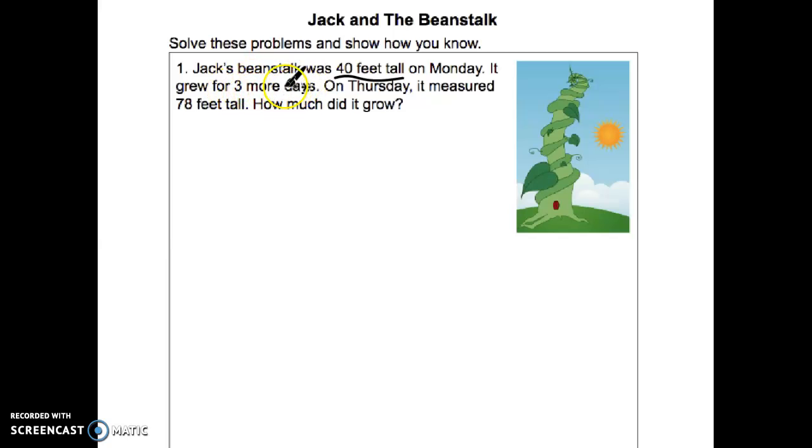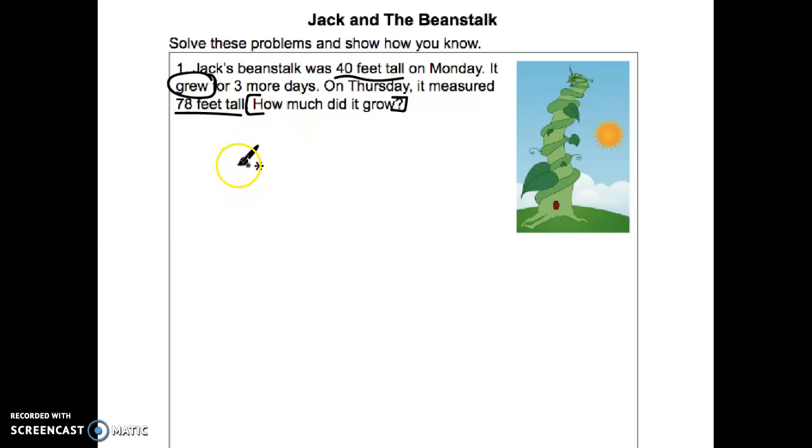We don't need the number 3, but we do want to circle the fact that it grew for some amount of time. On Thursday, it measured 78 feet tall. How much did it grow? That is our question.